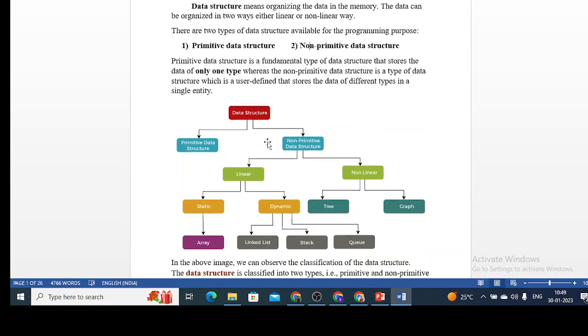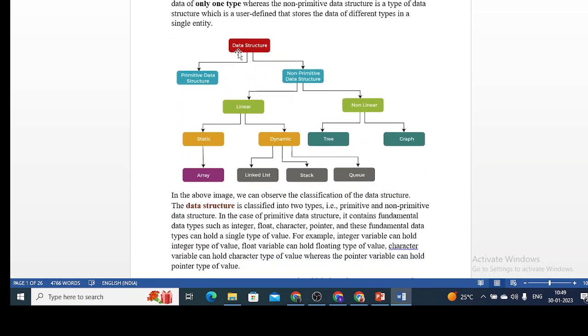Now see the hierarchy. Data structure is of two categories. We have seen primitive and non-primitive. Primitive जहाँ पर आप केवल एक ही डेटा वैल्यू स्टोर करोगे, for example integer, character, float, so forth. Whereas non-primitive is again divided into two categories, that is linear and non-linear. Linear मतलब नाम से ही आपको पता चल रहा होगा, linear means जो sequentially है. In the above image we can observe the classification of data structure.